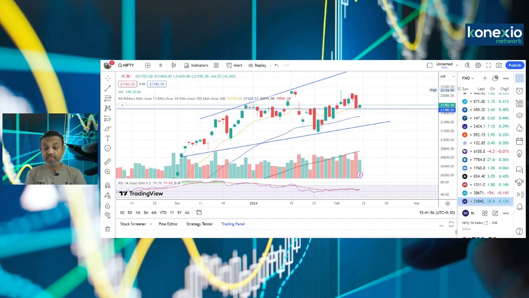So this clearly indicates that we might see an extension of the rally, but a smooth upside rally could be seen only if Nifty breaks Thursday's high. Until and unless Nifty trades above Thursday's high, we might see some selling pressure, or the bears might test those levels if Nifty rallies from here.